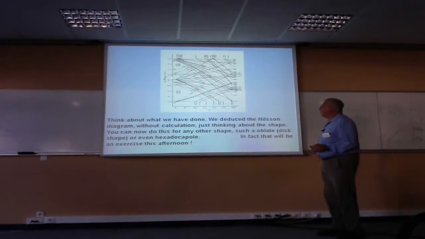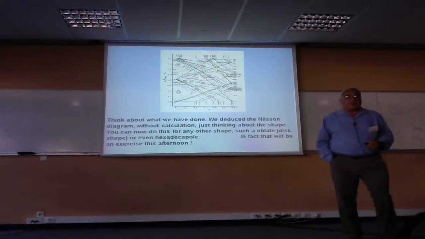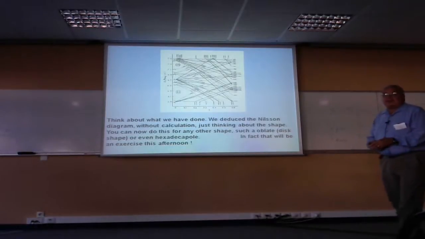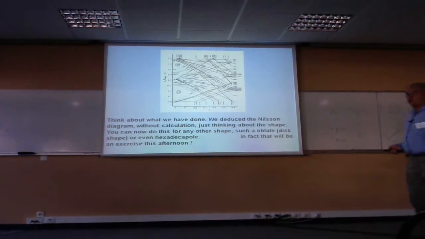There's one orbit with the opposite parity, i13/2. That's positive parity. It has a name. It's often called the UPO, unique parity orbit, because it's the only orbit in this shell with that parity.